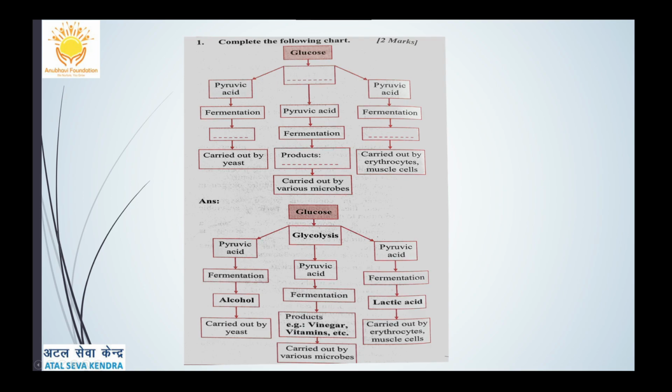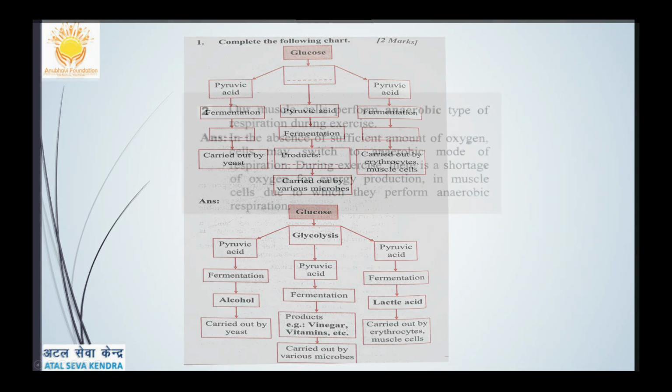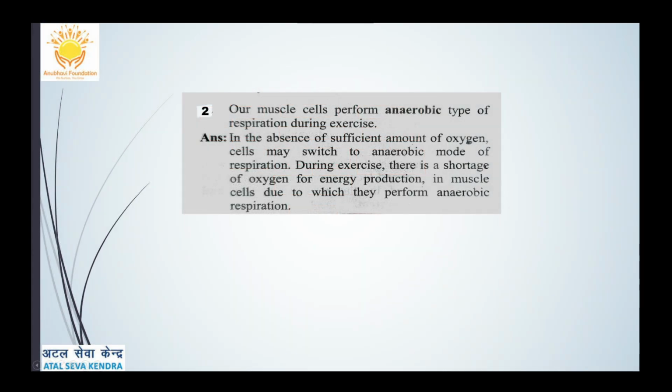Pyruvic acid on fermentation gives products like vinegar and vitamins, etc. Pyruvic acid on fermentation also gives lactic acid, which is on the right hand side, carried out by erythrocytes and muscle cells. And fermentation also produces alcohol, which is carried out by yeast. In this way, you can complete the chart and get full 2 marks, which is a very, very simple question.